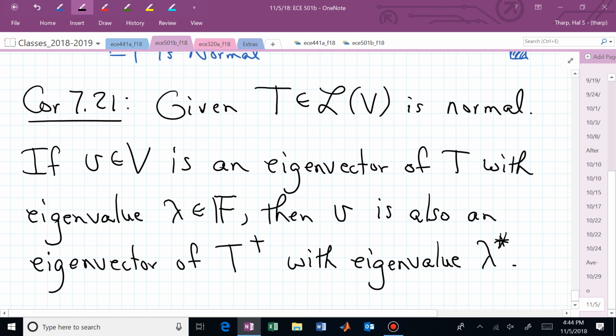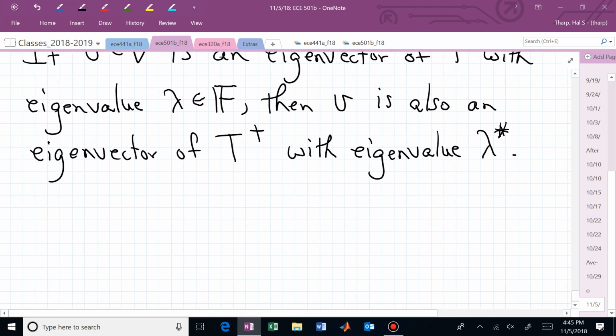So now, given that t is normal and t has v as an eigenvector and lambda as an eigenvalue, if you need the eigenvalues and eigenvectors of its adjoint, you just conjugate the eigenvalues, and the corresponding eigenvectors with lambda are associated with lambda star in its adjoint. So here's the proof of that.